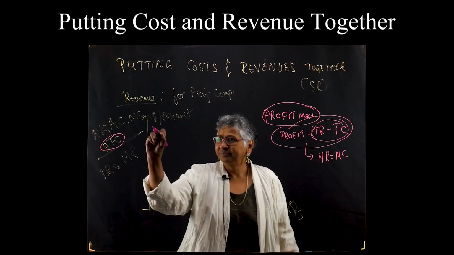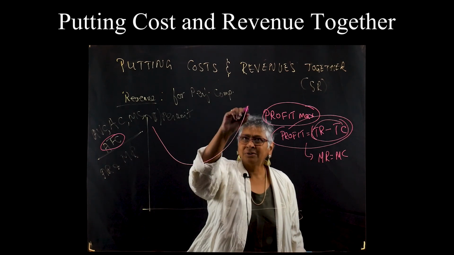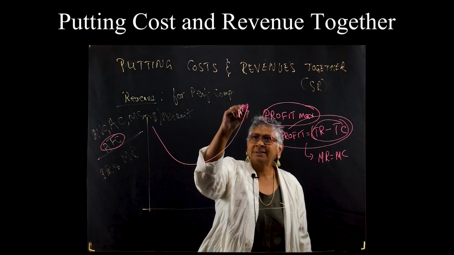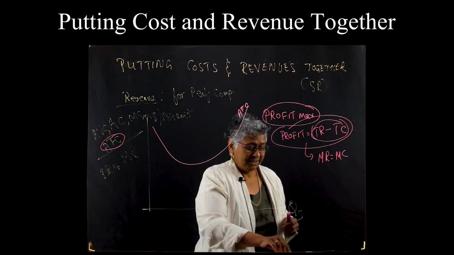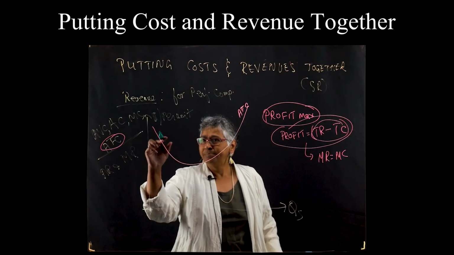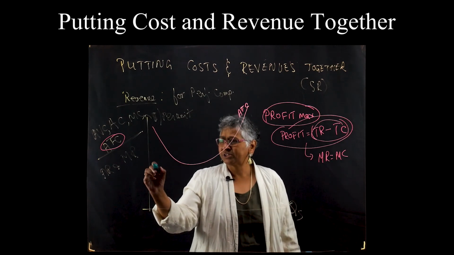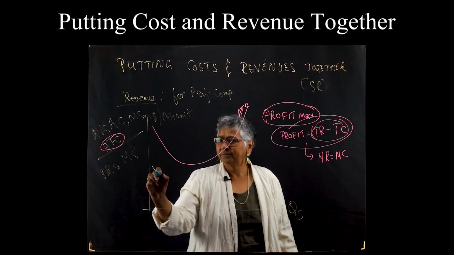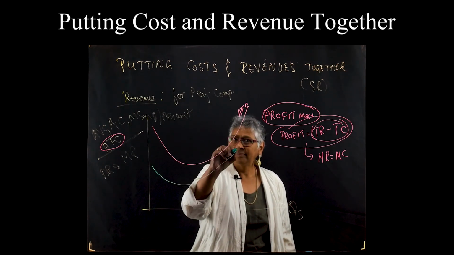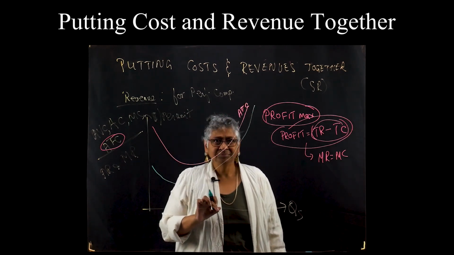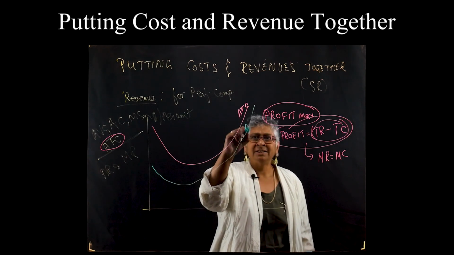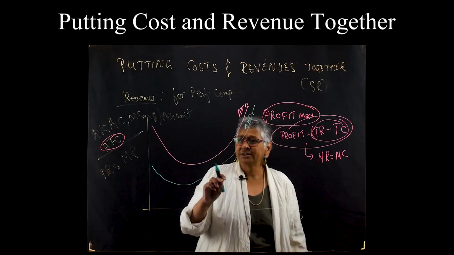This is my quantity. My average total cost looks like that. Below my average total cost, starting somewhere here, with that distance diminishing, is my U-shaped average fixed cost.